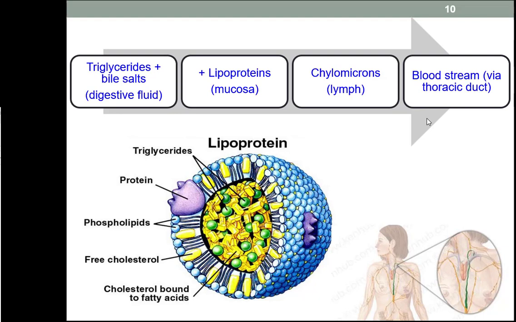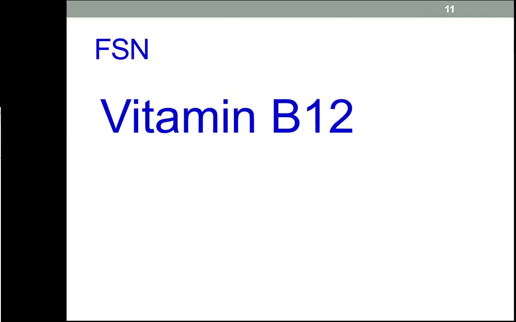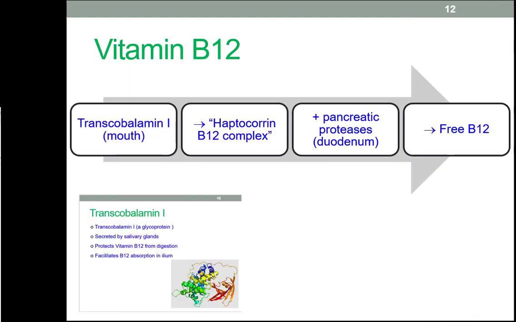This allows transport of triglycerides around the body, again by the forms which you may have heard of, LDL and HDL. These chylomicrons subsequently travel via the thoracic duct to the bloodstream, so they leave the lymph system and join the bloodstream.